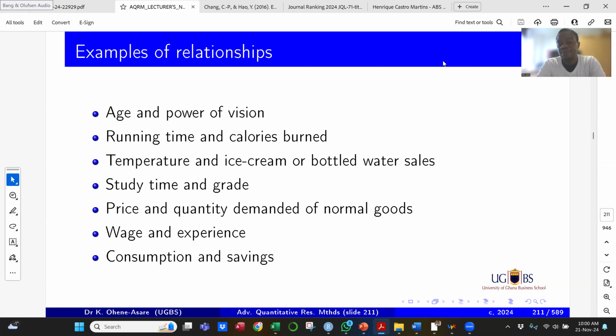Now, Richard Otu. What is the relationship between age and power of vision? Can someone tell Richard Otu? Yes. Go ahead. Power of vision is sight. It is sight.